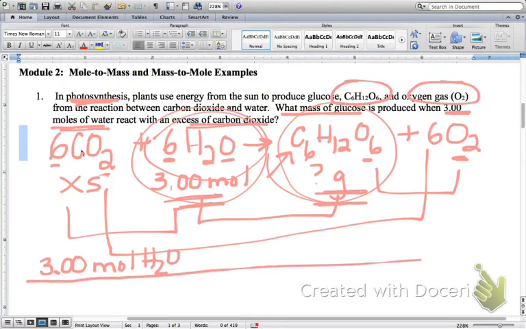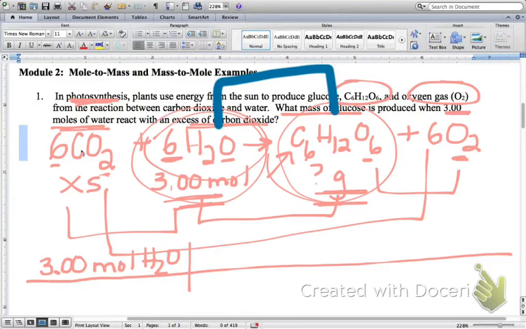We're going to draw out our train tracks. Okay? And we've got to go first through the land of the mole, which means I need the mole-to-mole ratio between my water and my glucose. Okay? So, how many moles of water do we see based on the coefficients in the balanced chemical equation?